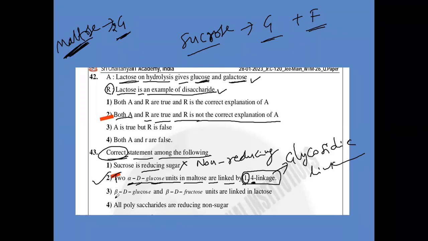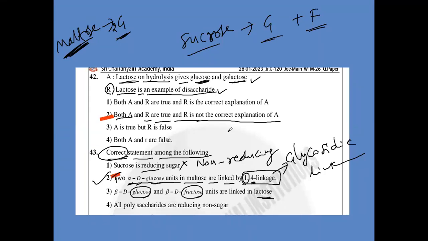And next one is given: beta D glucose and beta D fructose units are linked in lactose. Actually, this will be in what now? Sucrose, glucose and fructose. Actually, alpha glucose and beta fructose will be linked in sucrose. But here they give lactose. In lactose, actually what will be there?